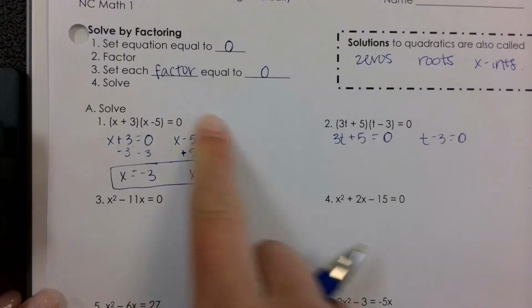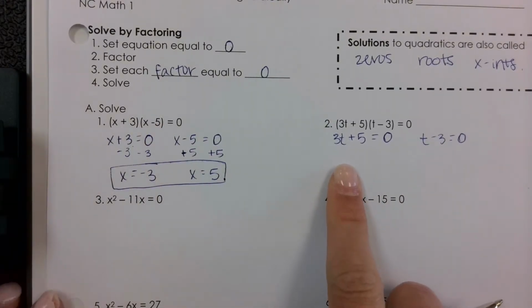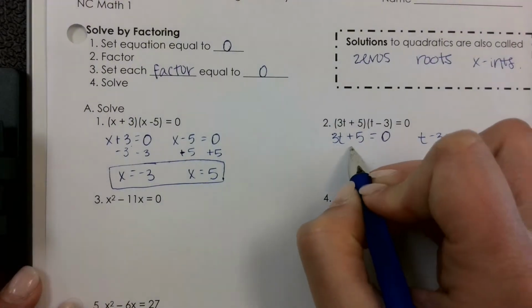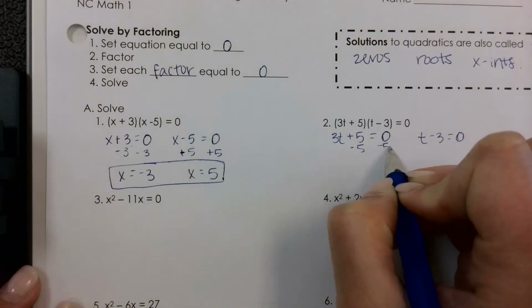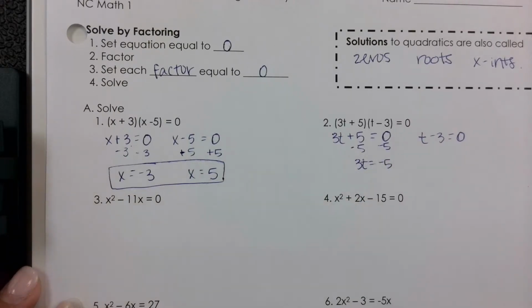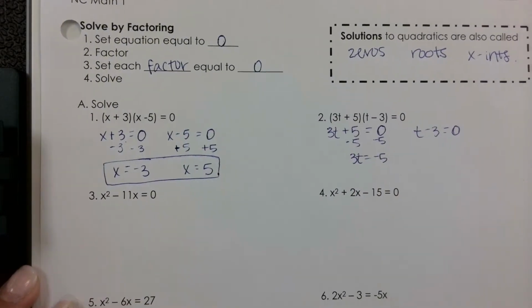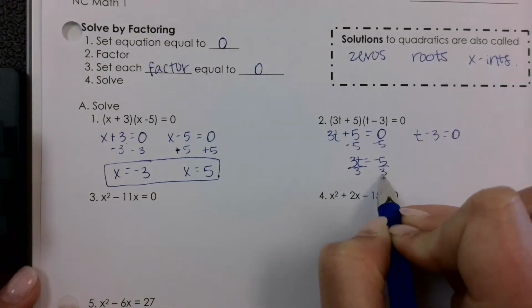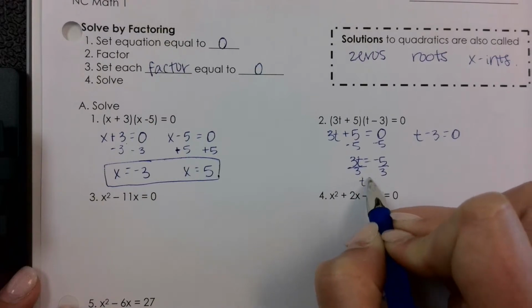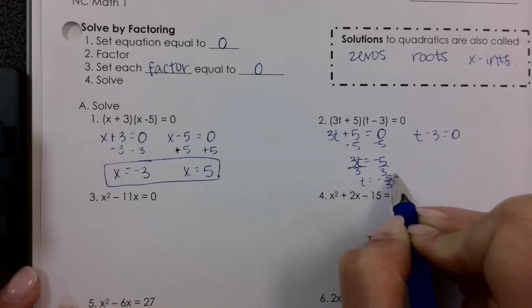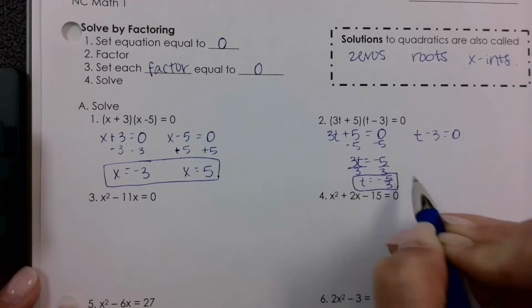Step 4, you have to solve. Starting with 3t plus 5, how are we going to get t by itself there? Minus 5. And then what? So what does t equal? Negative 5 over 3. That's one answer.